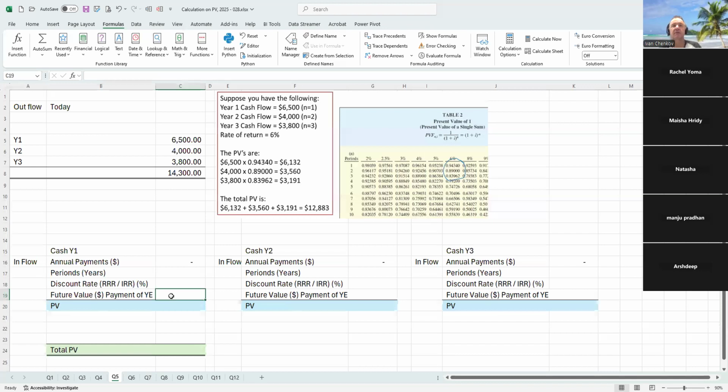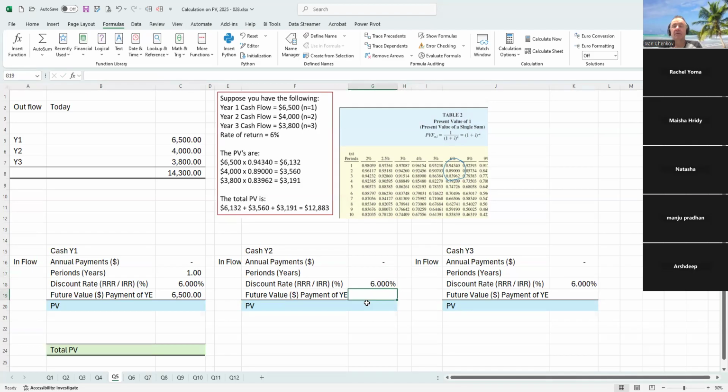At the end of the first year, we're going to get $6,500. Since we're getting it at the end of the year, 1 year has passed. We want a 6% return, and that 6% is going to stay for all the calculations.